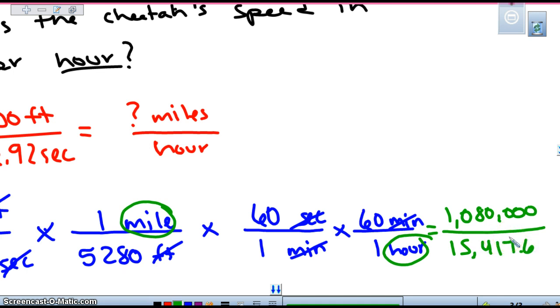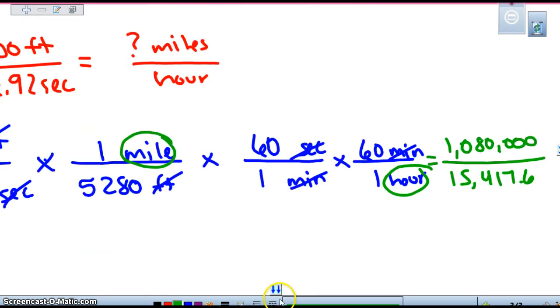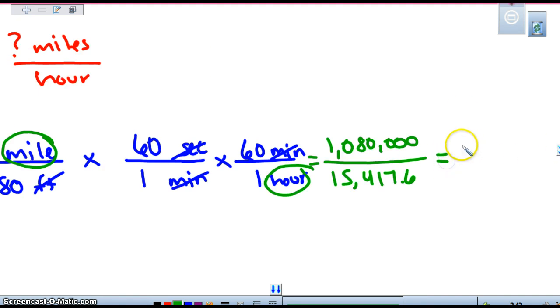And if we divide these, we get 70.04. So in other words, this means about 70 miles per hour.